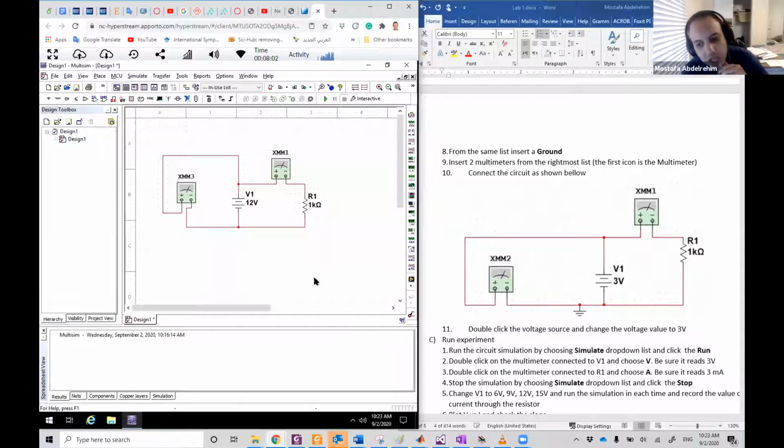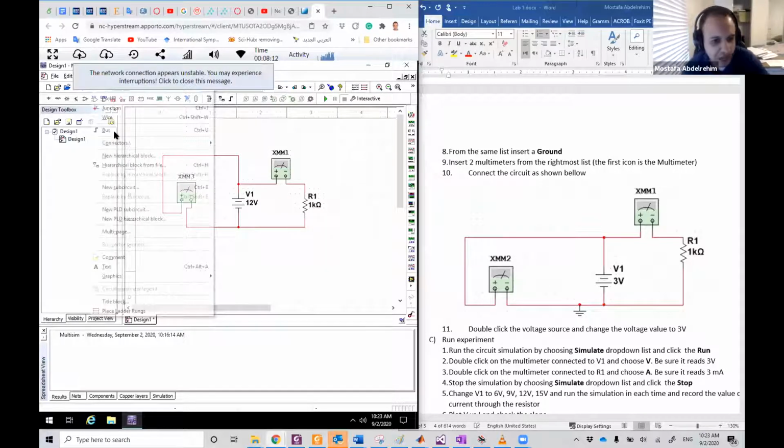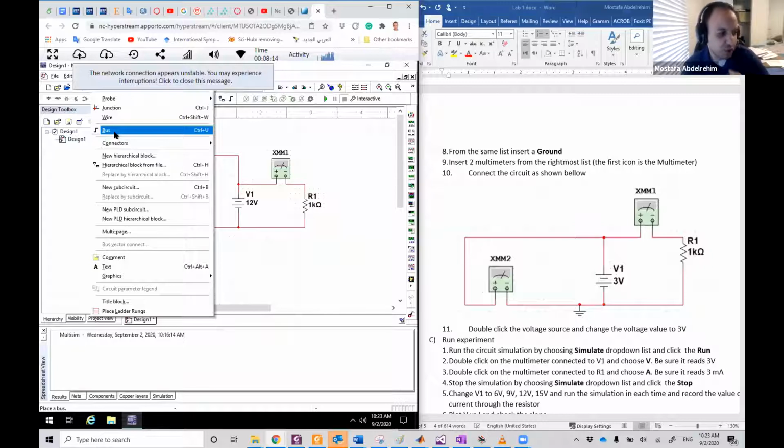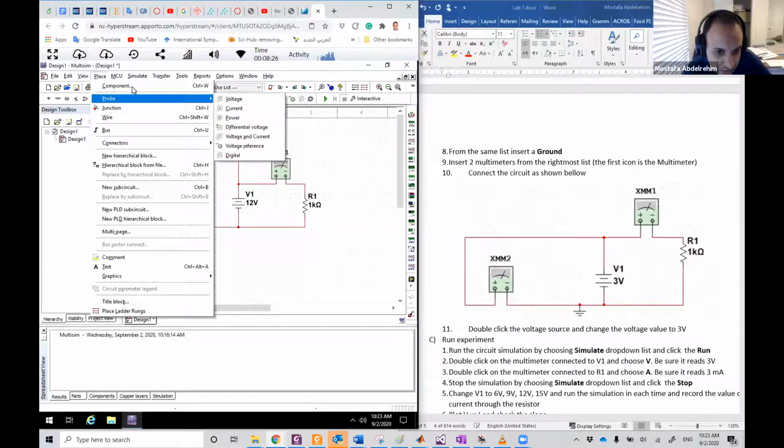The ground can be placed from the same place as the power source. So go to place again. I think this slowness is because many licenses are working at the same time on the same computer. But anyway, go to components.